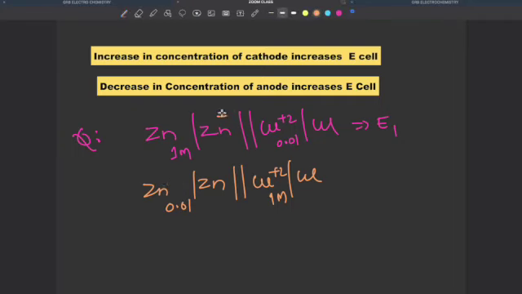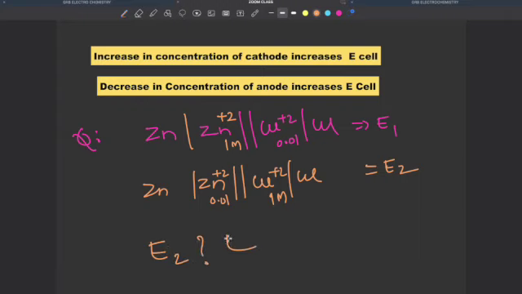So this is Zn plus 2, this is Zn plus 2. So concentration should be of this one, not this one. This is 1 molar, this is 0.01 molar. Here E2 was given. So what is the relation between E2 and E1?